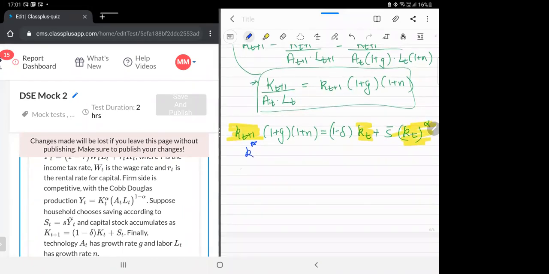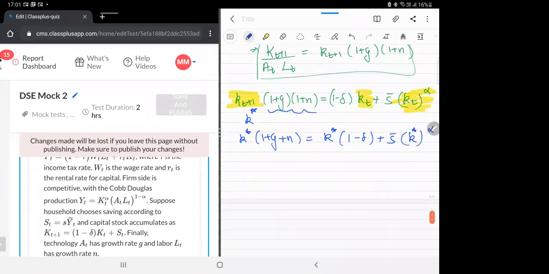So what you get is k*(1 + g + n), the short form, must be equal to k*(1 − δ) + s̄ k*^α. Then you can write k*(n + g + δ). You can cancel these things out. This is an approximation.